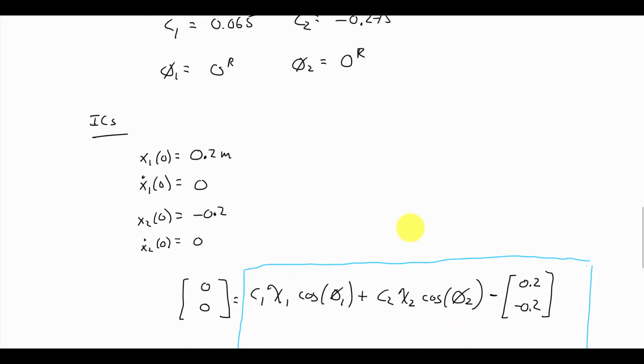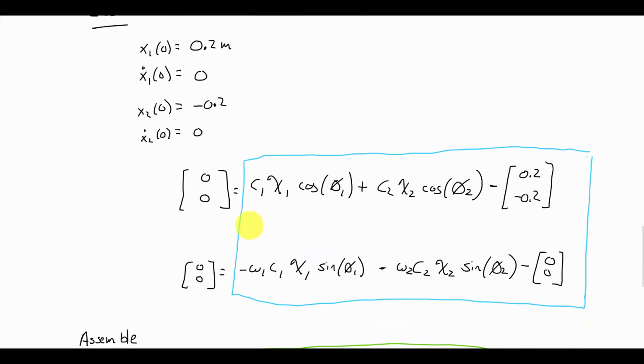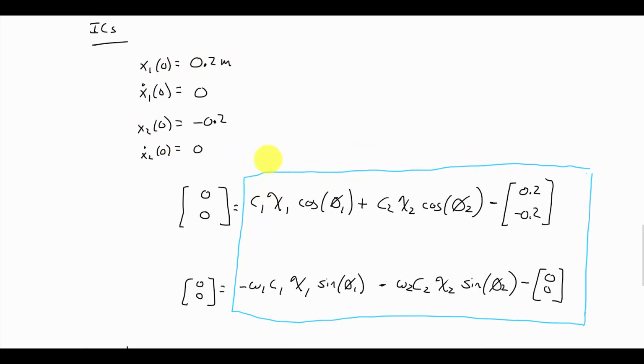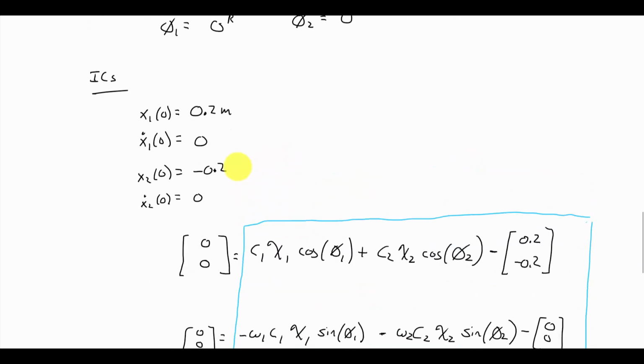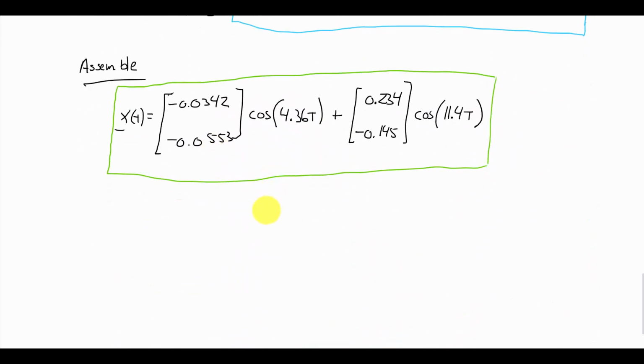For the C's and the P's, we had to apply our initial conditions and solve 4 simultaneous equations to find the C's and the P's that made them all true at the same time. We did that numerically using fminsearch in MATLAB, but there are other techniques you could use as well. But it satisfies the 4 given initial conditions. Now, knowing all the parameters, we can put them together and assemble our total solution, which we then were able to plot.